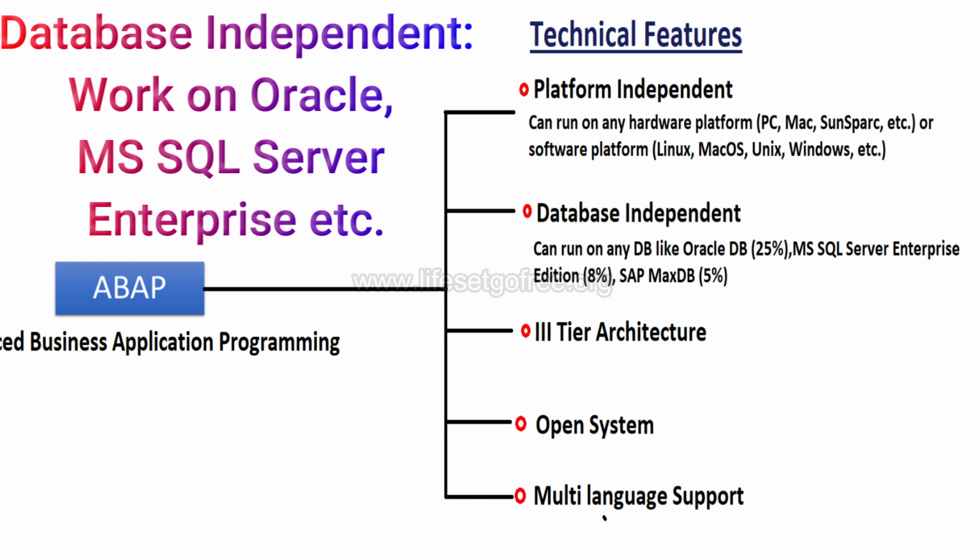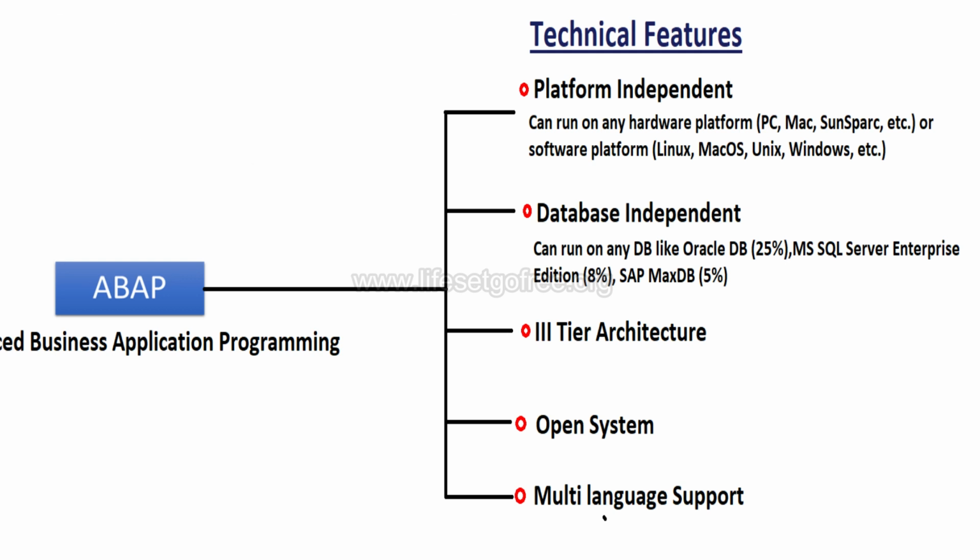That is why HANA is now very important, because they are now using their own database. We'll discuss that later, this is only for information. And SAP is based on three-tier architecture. What is three-tier architecture? We will also be discussing that, don't worry.